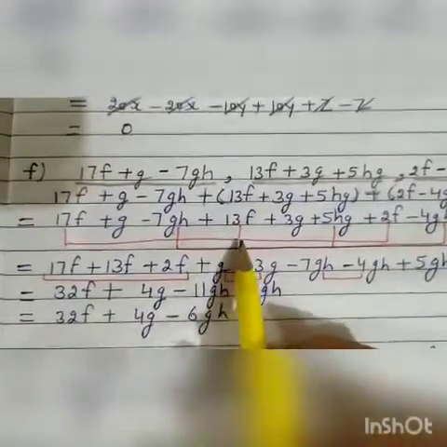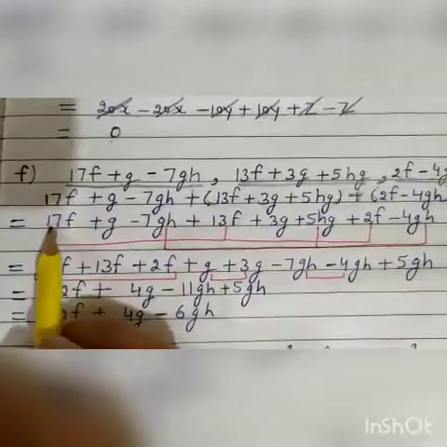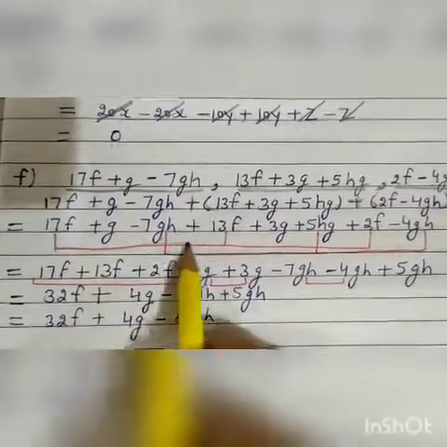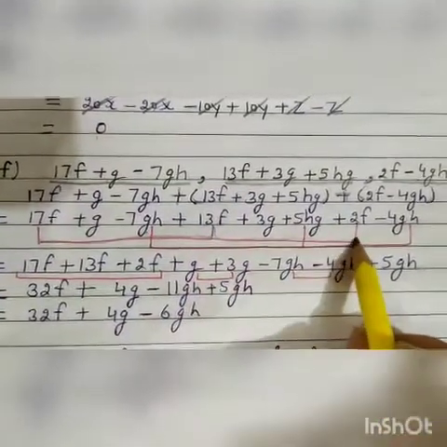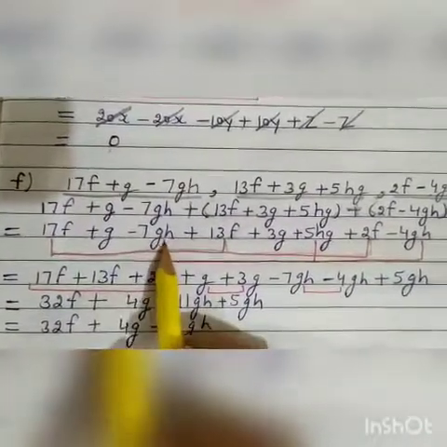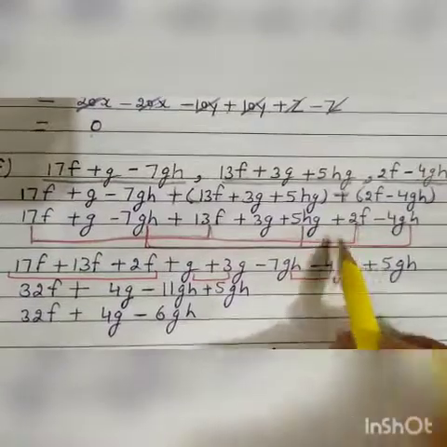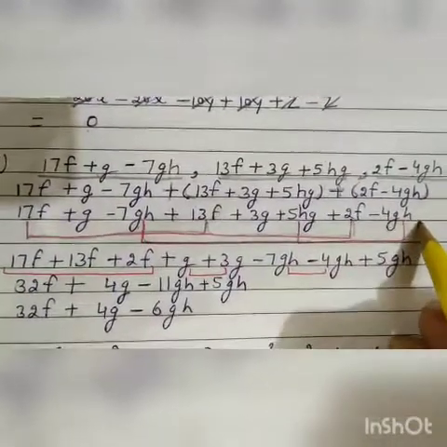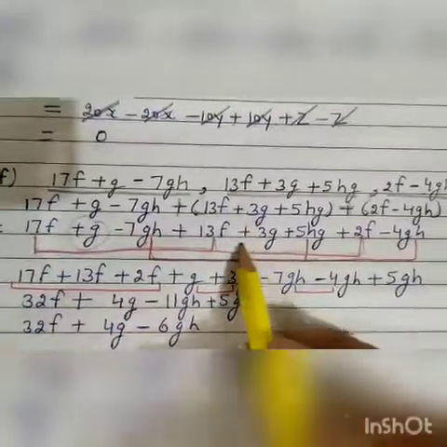Now make the group of like terms. See, this time there are 3 like terms. 17f, this 13f, and this plus 2f; minus 7gh, plus 5gh and minus 4gh; plus g and plus 3g.